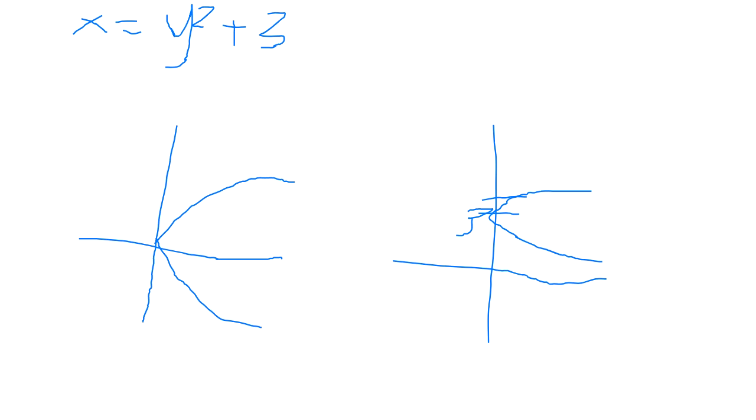No, so my theory is that because there is no bracket, it's just x equals y squared plus 3. So it means you are shifting the graph 3 units up. It's x equals, not y equals.